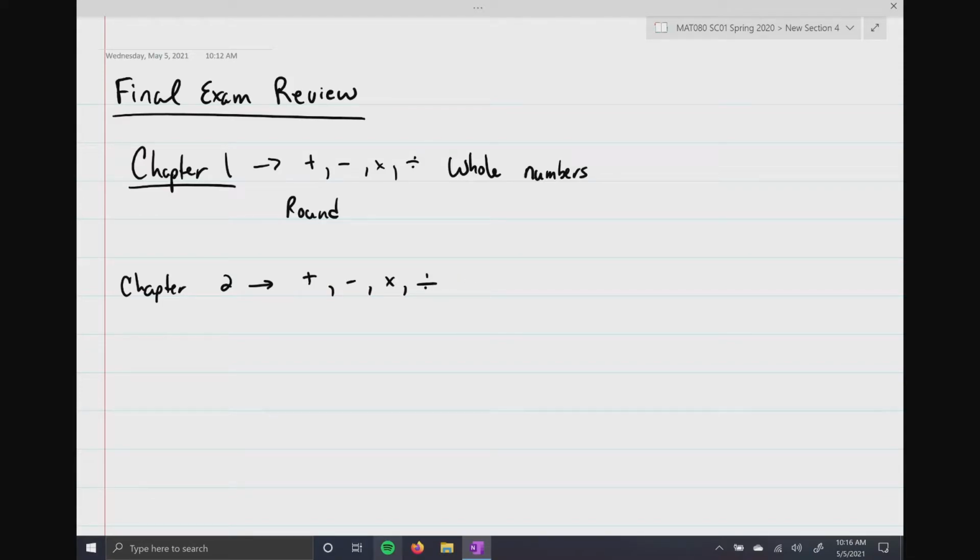Add, subtract, multiply, divide, except we did integers, which are those signed numbers. So remember your rules for the signed numbers, okay? And we're going to do problems. Don't worry, it's not like I'm just going to write this and go away. Big emphasis here was the order of operations.